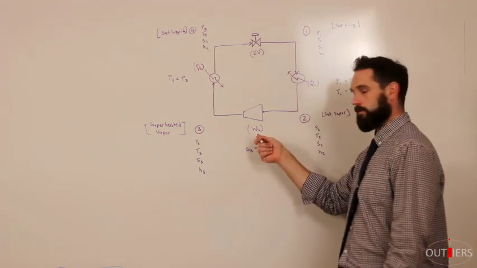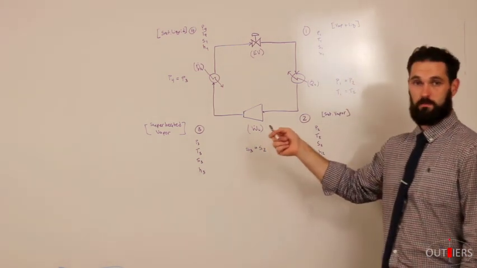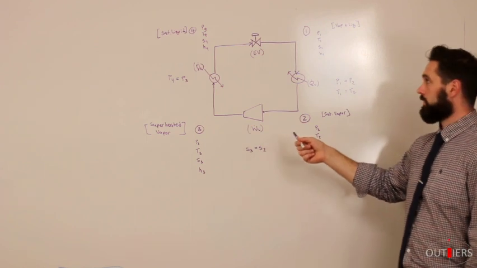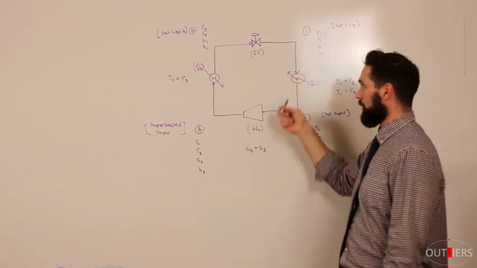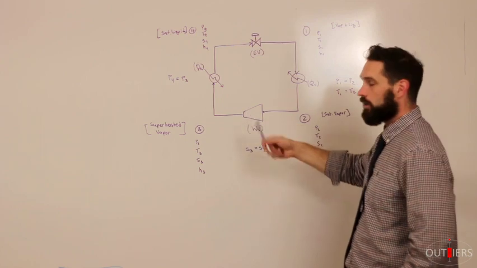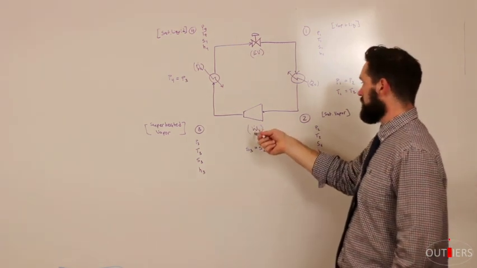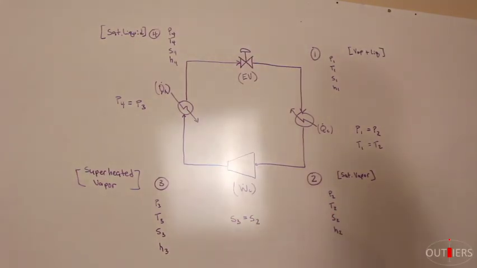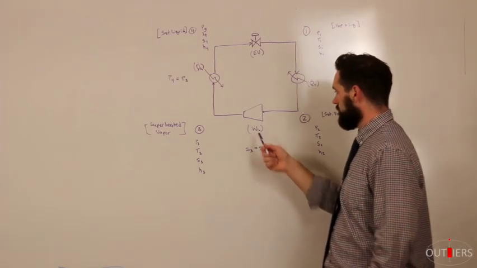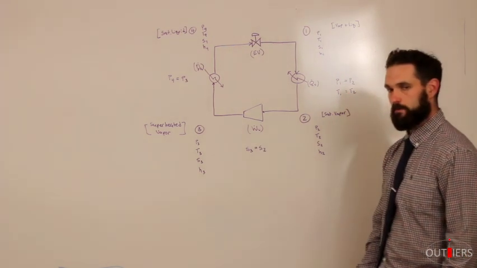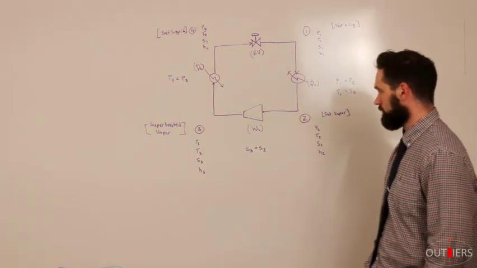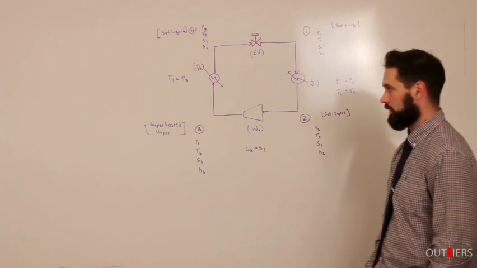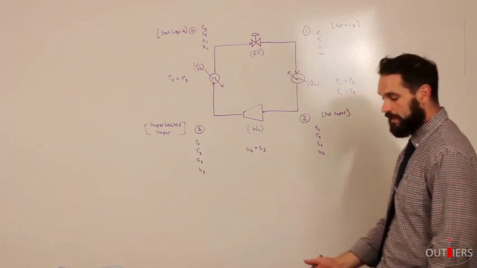However, this compressor is going to cost us money. Nothing else in this cycle on a regular basis is going to cost us money. This is what's going to generate a utility cost for the electricity to drive this compressor. So do we have enough information to solve for the work of the compressor? The answer is no. There are some other things that we need.